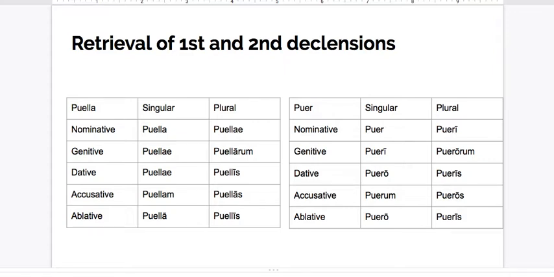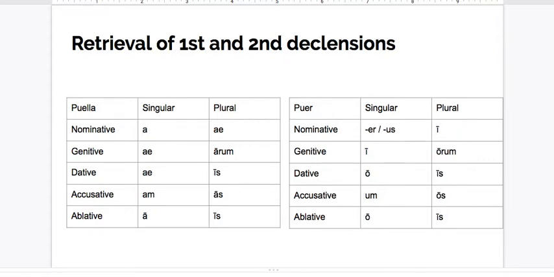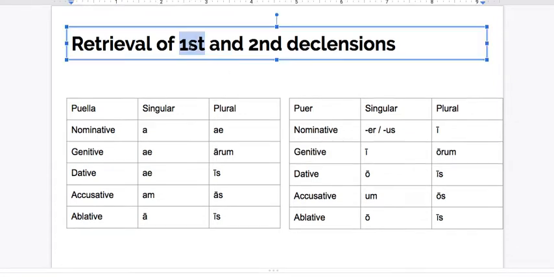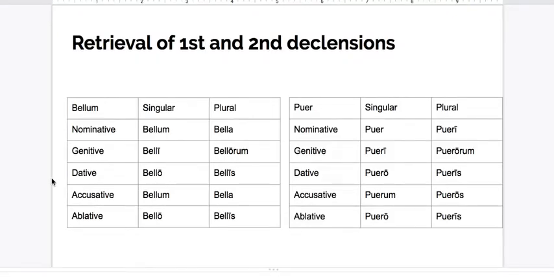Here are the endings in isolation, which I just repeated, right? And now we did learn one other declension, which was sort of a subset of the second declension. We had second declension masculine, but we also had second declension neuter. And this is the one that I should reiterate.